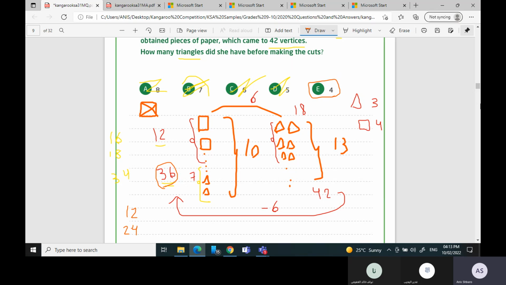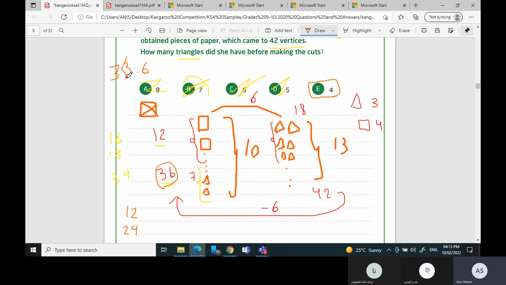Okay, now if I don't want to guess, if I don't want to try, of course there's an algorithm after this step. After concluding that I had first of all 36 vertices, I can divide the number by 10. So 36 divided by 10 is 3.6. So the average is between 3 and 4.